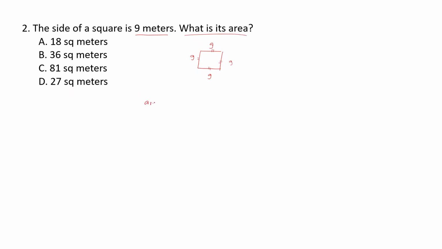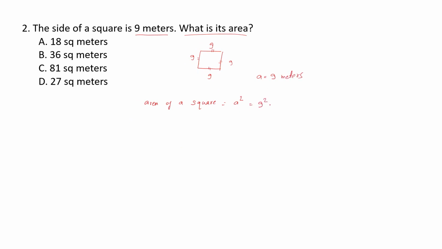Do you remember the formula? So formula for area of a square. What is the formula? Formula is side square, this into this. If you remember, it was a square. So a is given to be 9 meters, right?